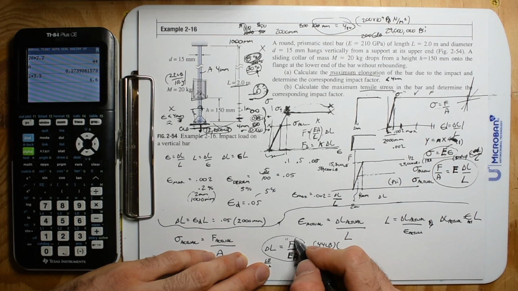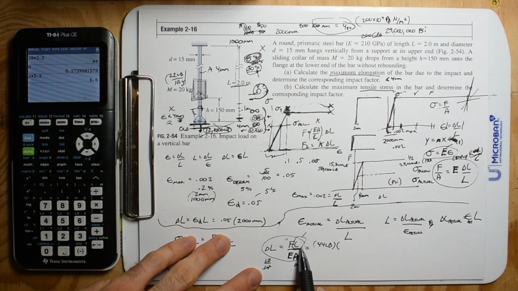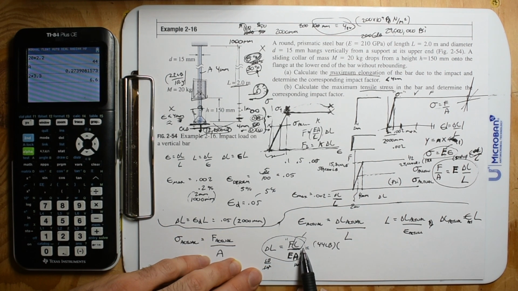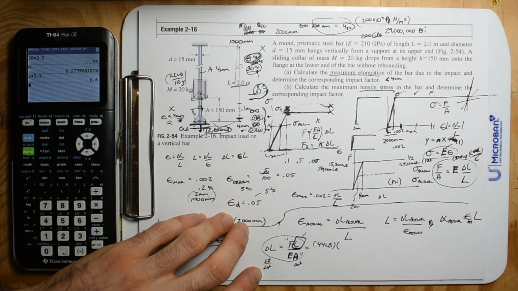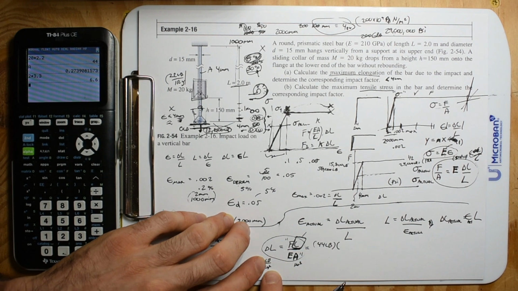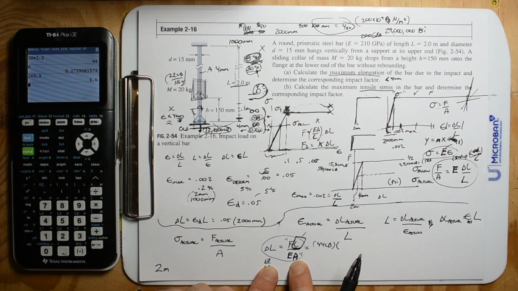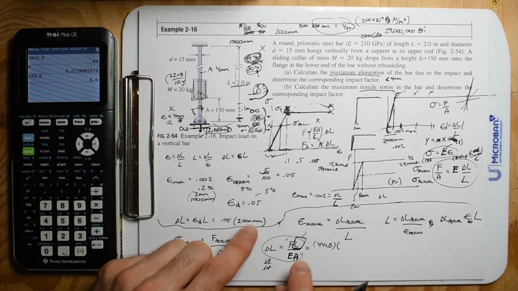If you're a math whiz, you can realize that this length stands alone. Oh, this is going to trip me out. It's irrelevant because PSI, pounds per inch squared, cancels that, and because change in length is a unitless ratio.